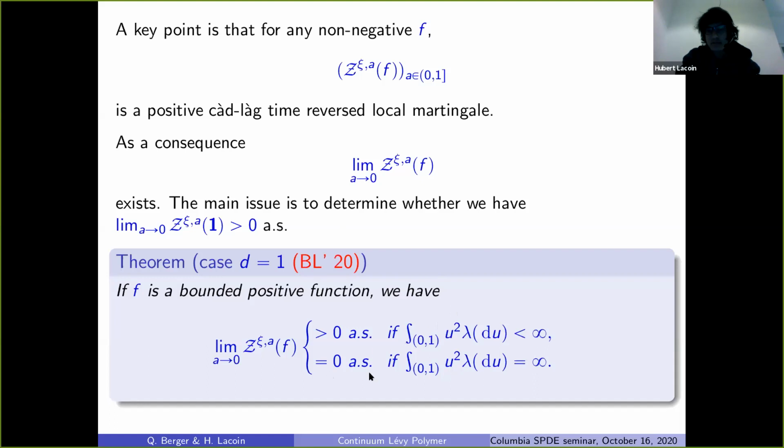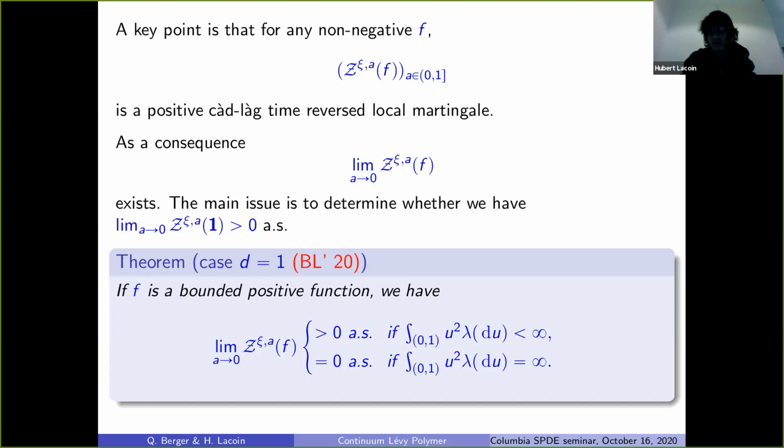And somehow this result is not completely empty. If lambda is not the intensity corresponding to a noise because it's too heavy at 0, your limit is degenerate, so that you can't define continuum models for things that would be more irregular than the noises, in a sense.